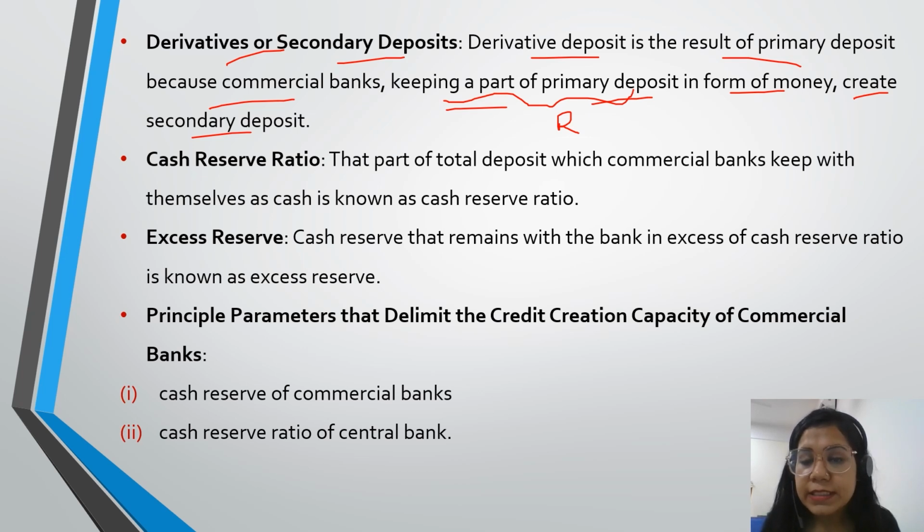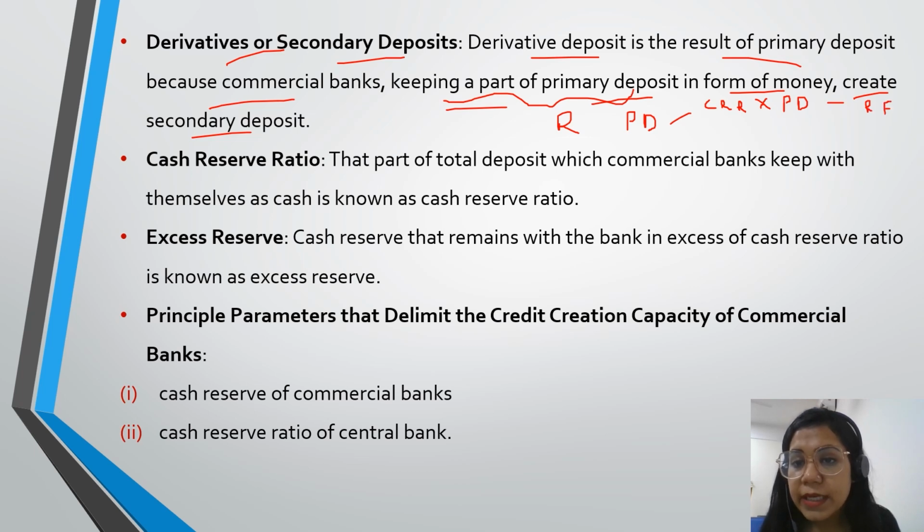What happens is that the banks have demand deposit, or we can say the primary deposit. Then they keep a part of this, which is the CRR, the cash reserve ratio, into the primary deposit, and we get our reserve fund.